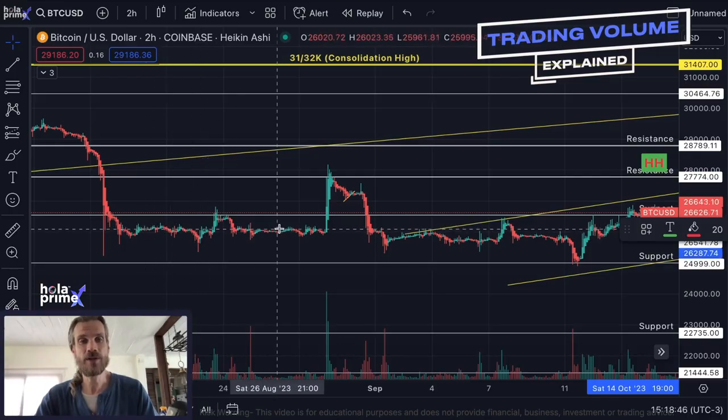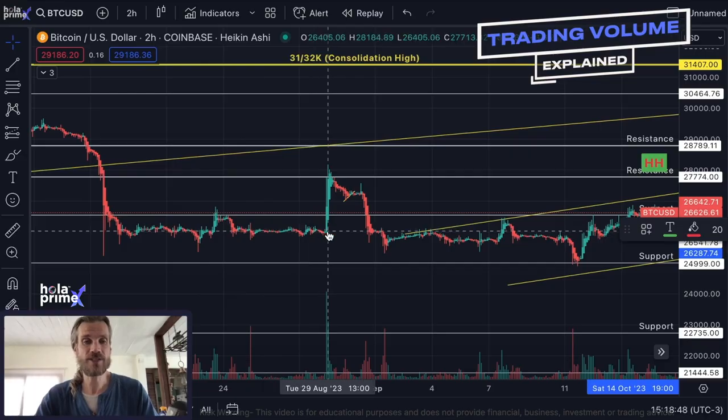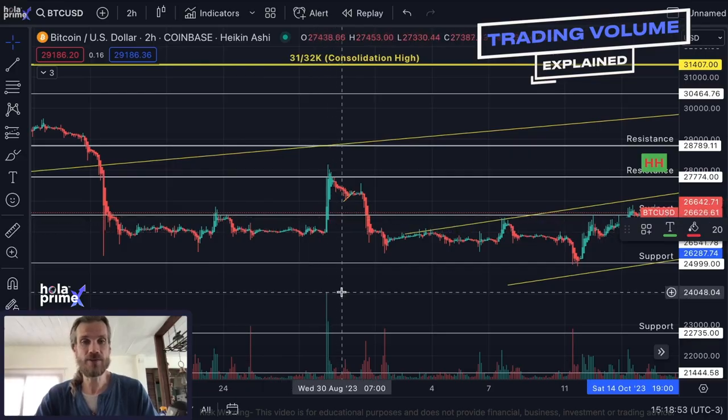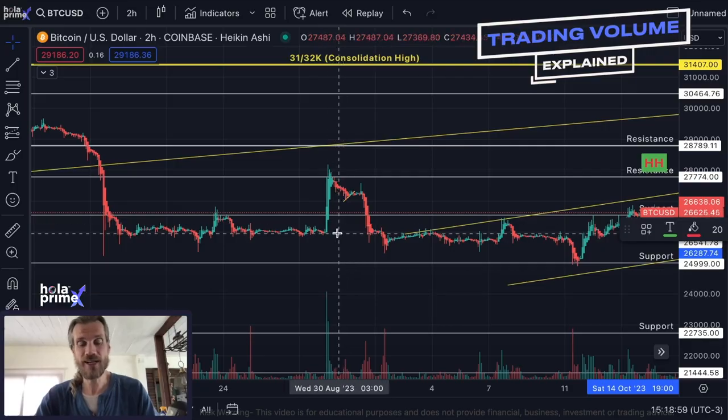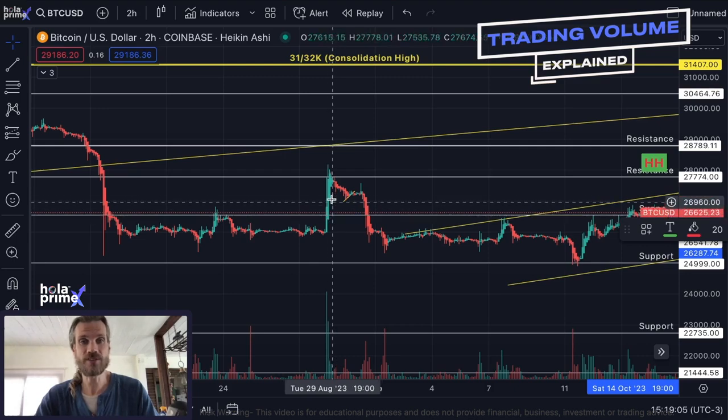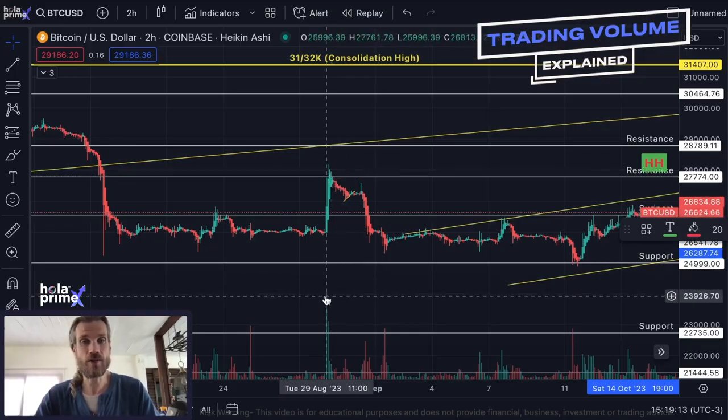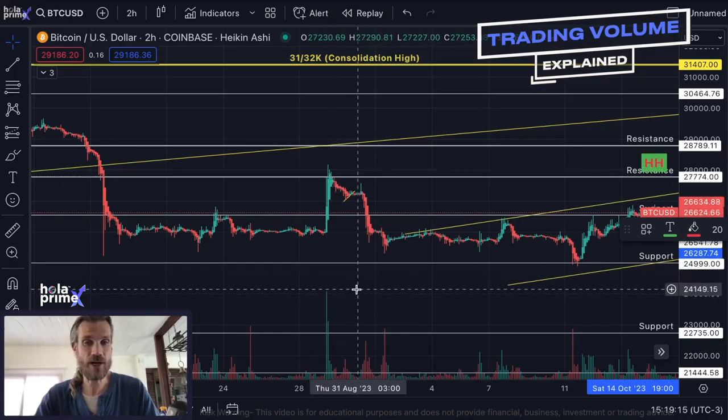However, we move on a few more days and the price action has another attempt to break this resistance line, but this time the volume is significantly greater, which as a trader tells me that the price action has probably got legs and will continue beyond this resistance line and maybe up to the next level, which it did, which allows me to comfortably trade this by seeing that other people in the market have the same idea.